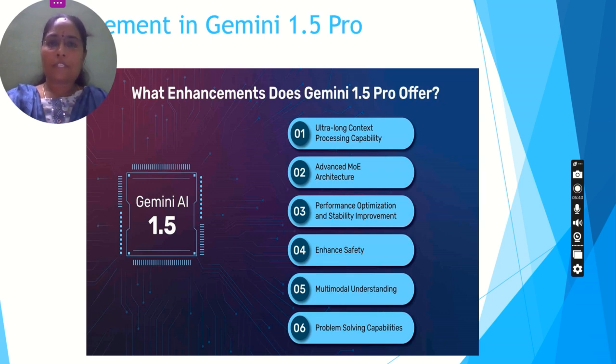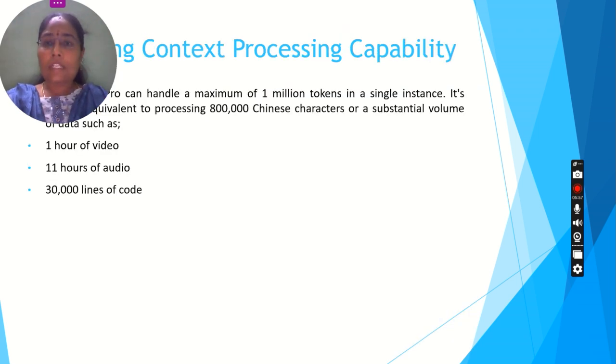What enhancements does Gemini 1.5 Pro offer? It offers ultra long context processing capability. What is this ultra long context processing capacity? It is able to process a maximum of 1 million tokens at an instance.